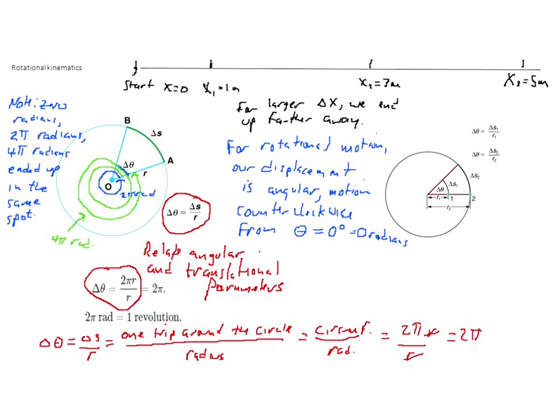So this drawing up here, notice for the first one, we've got a small radius, a small delta S. For the second one, we've got a large radius and a large delta S. But for both cases, delta theta is the same.